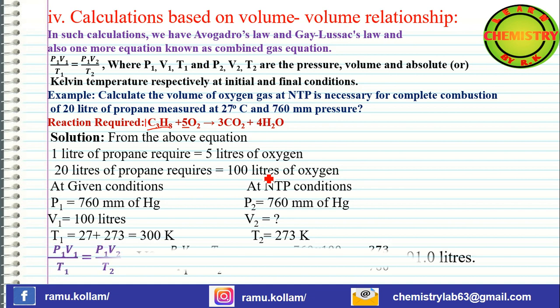Then according to the combined gas equation, P1 V1 by T1 is equal to P2 V2 by T2. We want to find V2, so modifying this equation we get V2 is equal to P1 V1 by T1 into T2 by P2. Substituting all the values, V2 is equal to 760 into 100 by 300 into 273 by 760.